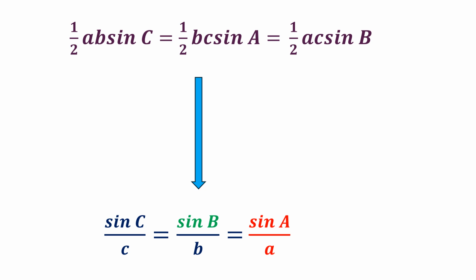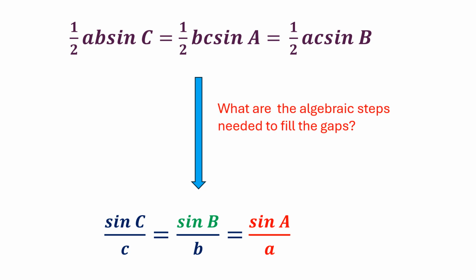Let's put on our thinking cap and see how we can derive this formula from half ab sine C equals half bc sine A equals half ac sine B. Have you managed to bridge the gaps? That is, to do some manipulations from half ab sine C equals half ac sine B equals half bc sine A to derive the sine rule? If not, let's do it together.